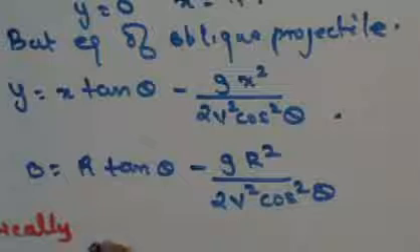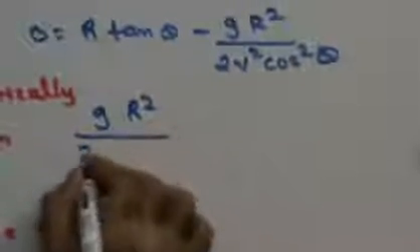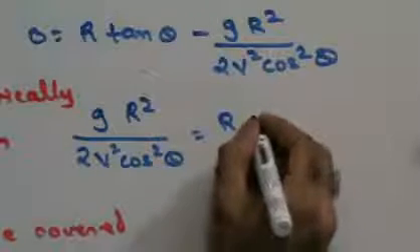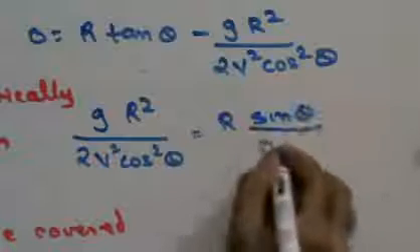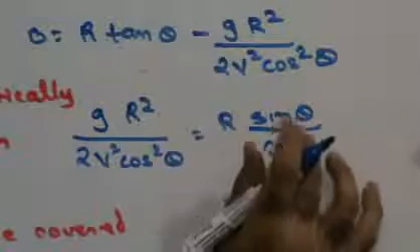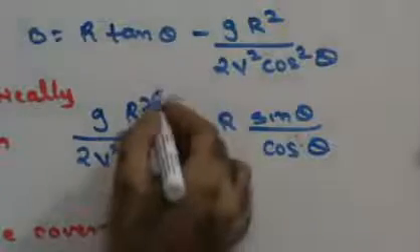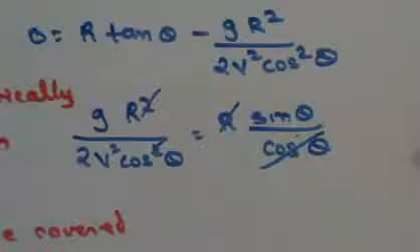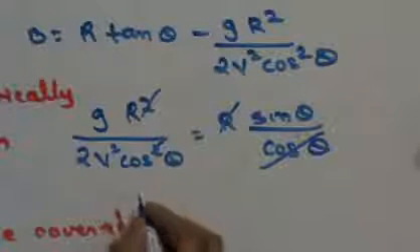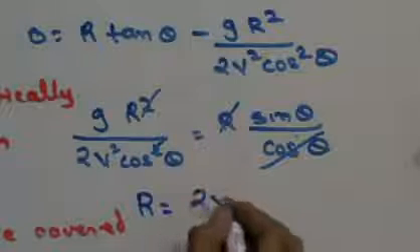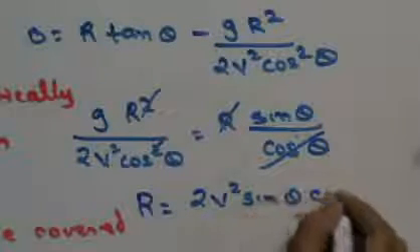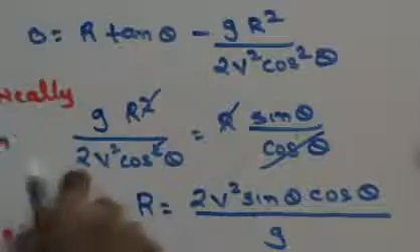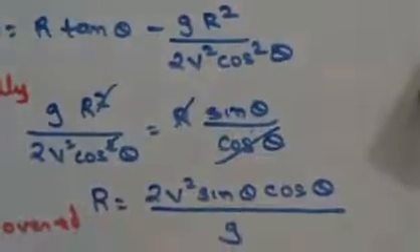Take this on the other side, so I'll get g r square upon 2v square cos square theta is nothing but r tan theta. Tan theta can be written as sin theta upon cos theta. Right? Square and r get cancelled. Square and cos theta get cancelled. So in that case, I will get r is 2v square sin theta cos theta upon g. Cross multiply. 2v square cos theta goes up, g comes down in the denominator.